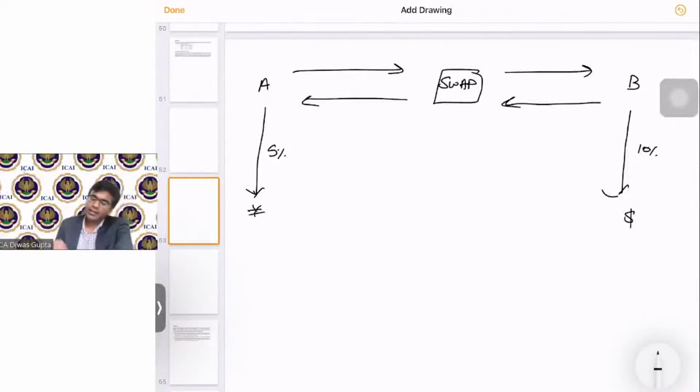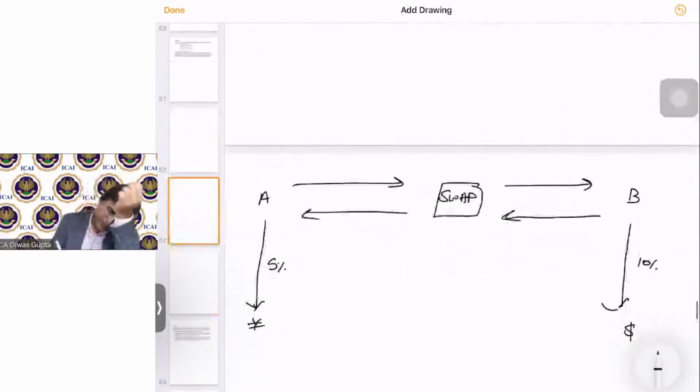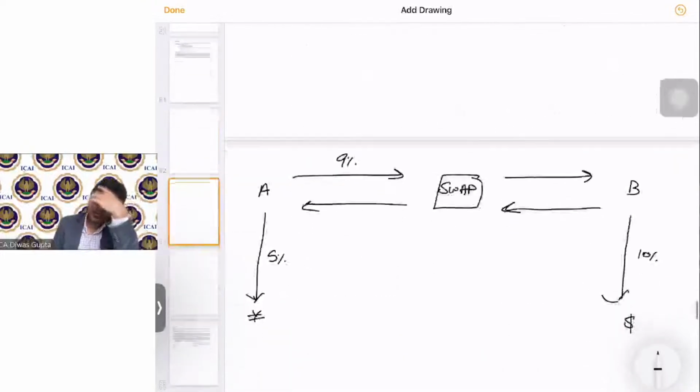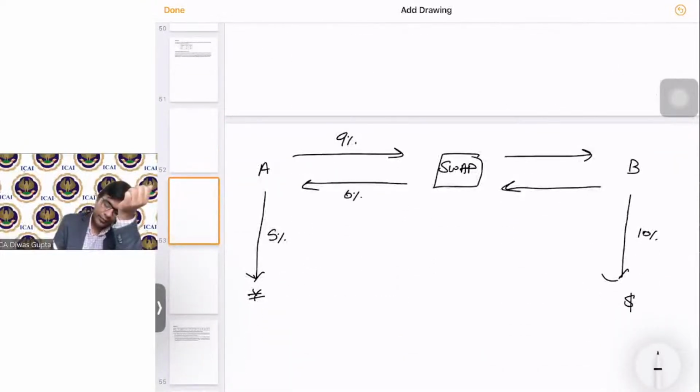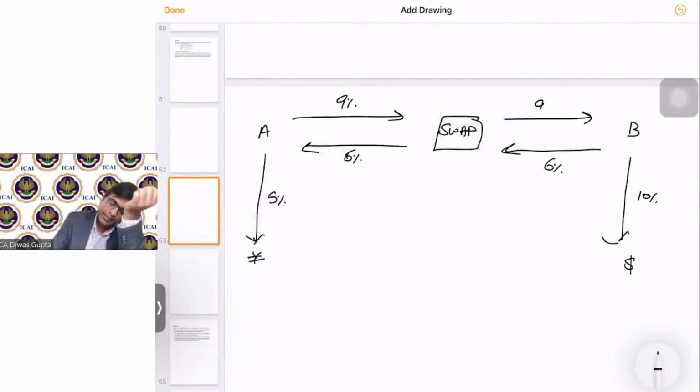B will pay 10% here. Now A will pay to B 9%, and it will receive how much? 6%. B will pay to A 6%, and B will receive how much? 9%. Yes, this is what the final equation is.